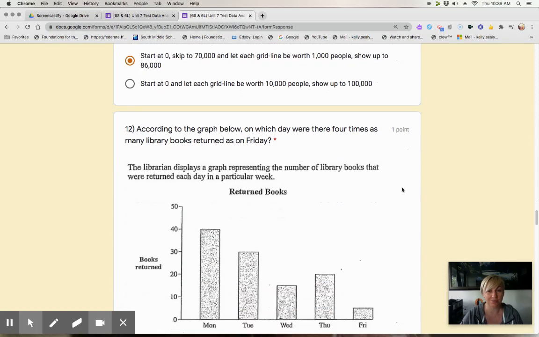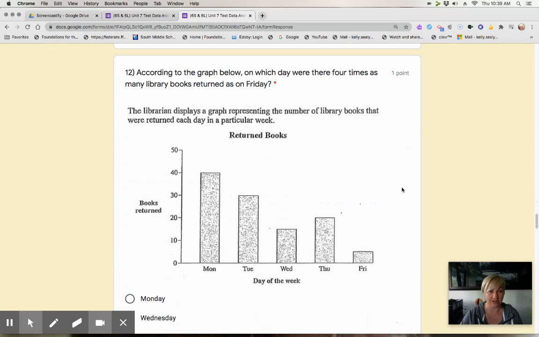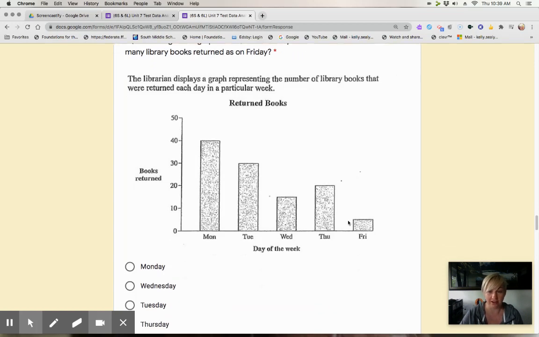Okay, question number 12. According to the graph below, on which day were there 4 times as many library books returned as on Friday? So you look at Friday, you go across, it's about halfway between 0 and 10. So I'm going to record that information. Friday looks like it's about 5 books.